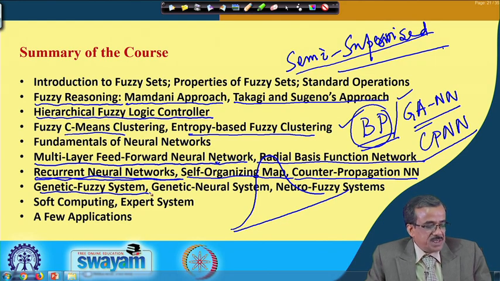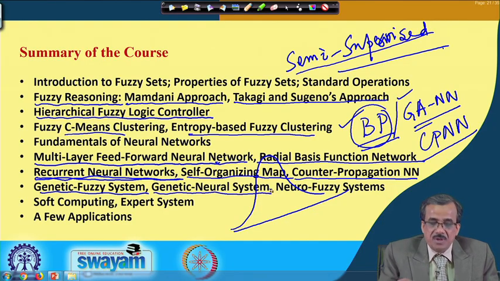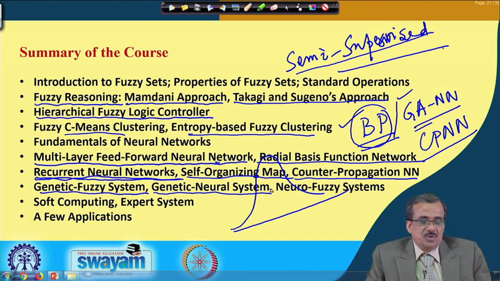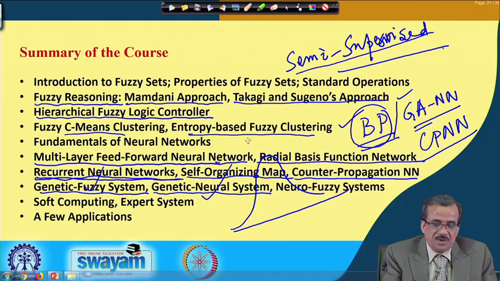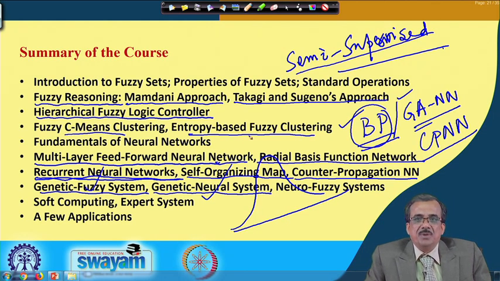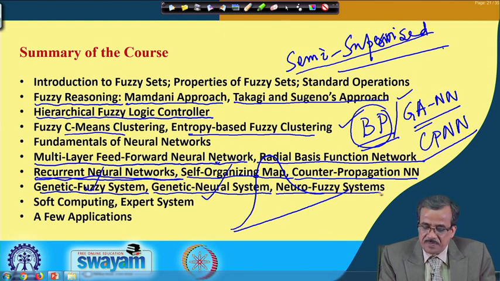So, we discuss the working principle of genetic fuzzy system, genetic neural system, where the aim was to evolve a fuzzy reasoning tool or to evolve a neural network based tool with the help of the genetic algorithm. Their working principle we have discussed in detail, some numerical examples we have solved. Then we concentrate on the neuro-fuzzy system.